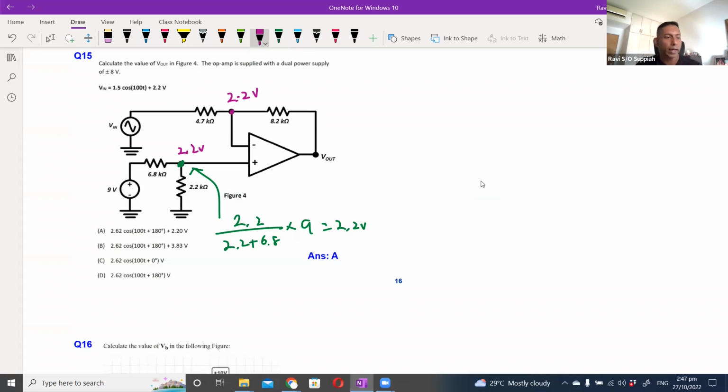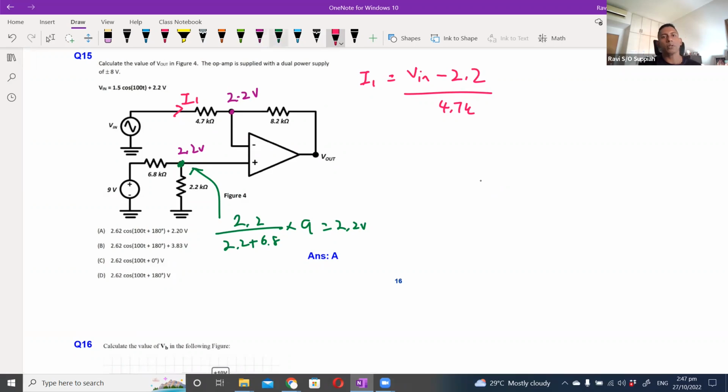Next, we can have an expression for this current, so let's call it I1. I1 will be V in minus 2.2 over the 4.7K.